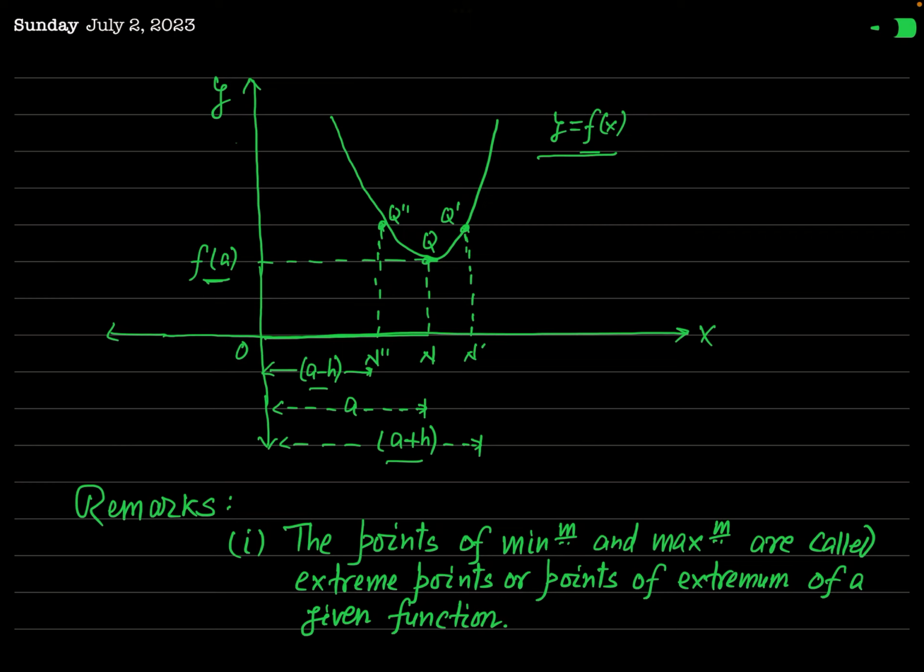But is this concept of local maximum or local minimum only for a continuous curve? The answer is no. When our curve is either continuous or discontinuous, and the function is either differentiable or not differentiable, in all these situations we can define the local minimum and local maximum value of a function.